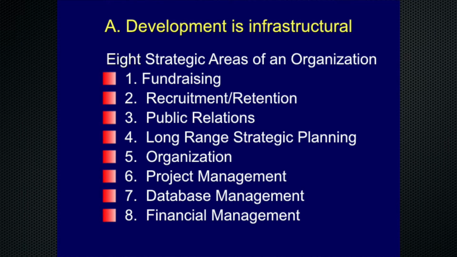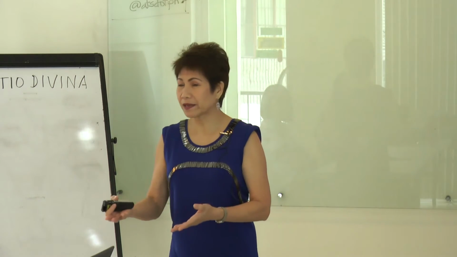And then you need to put in recruitment and retention, meaning recruiting donors and partners, and also retaining them, keeping them. Not just asking for a one-time gift, but retain them as a regular partner of your organization. You must have a program for that. And I think that's what we discussed last session.